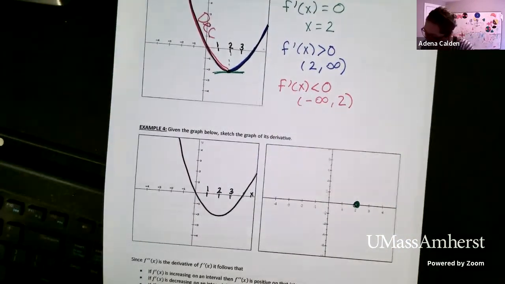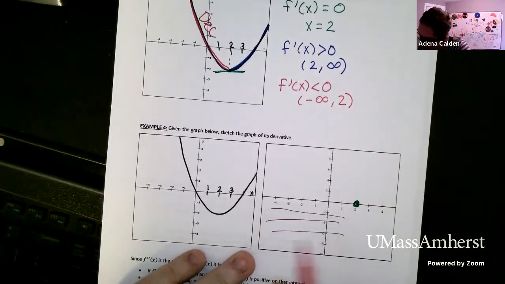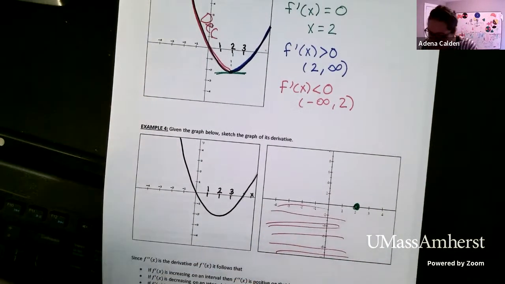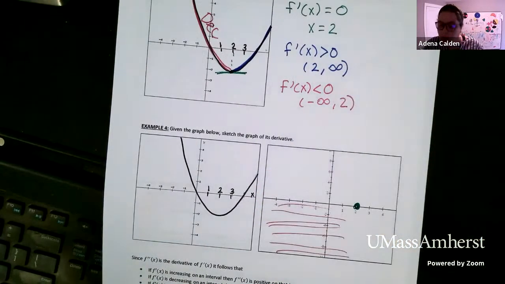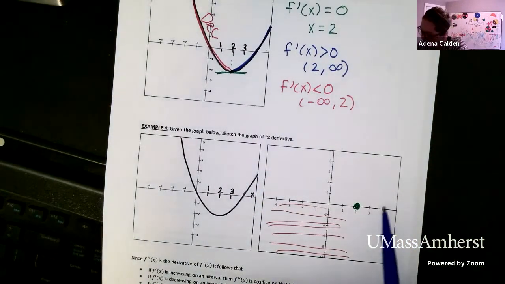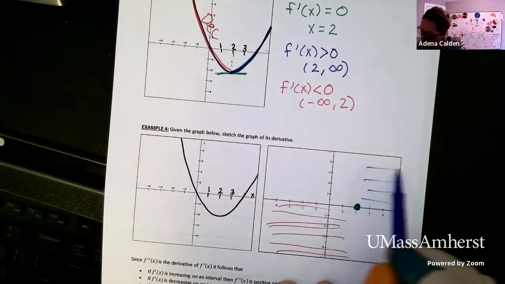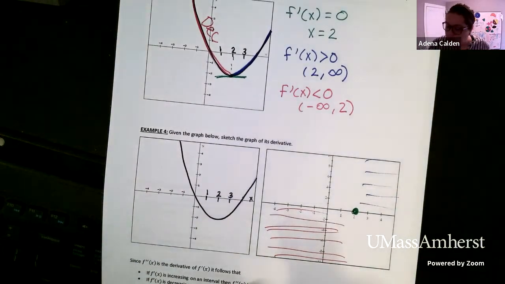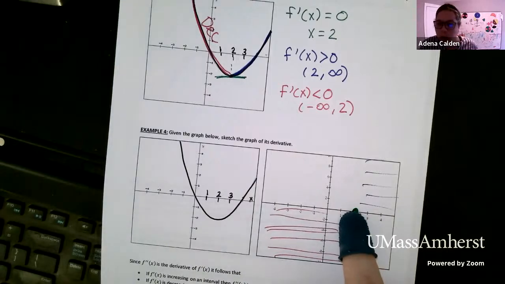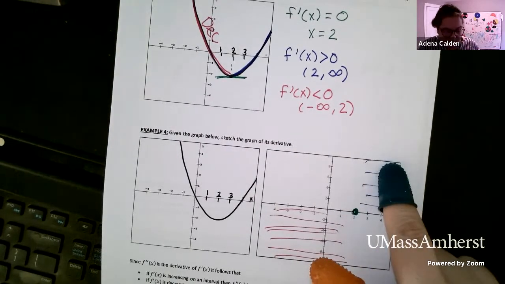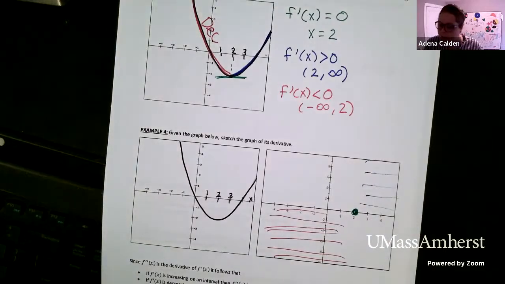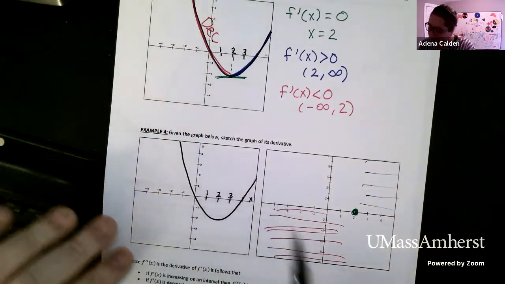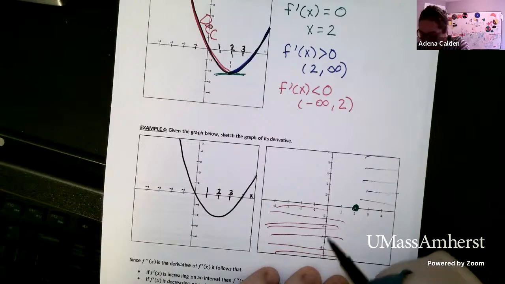So we're going to be down here. And then after 2, that's where we are positive based on the work we did above. So we have a function that starts down here, goes through our 0, and ends up here, okay? And so we know from the earlier section that when we have this U shape, we end up with something that's fairly linear.